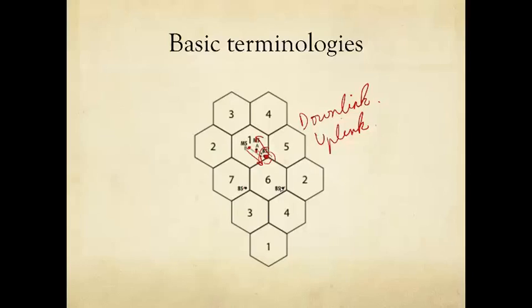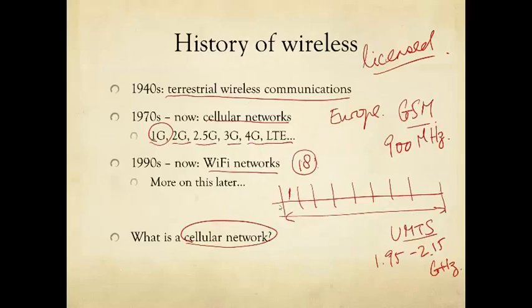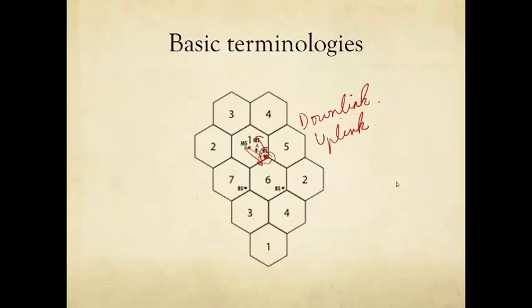Let's say one big chunk of this overall frequency band is labeled 1, another labeled 2, 3, 4, 5, and so on. If I use the frequency band labeled 1 at this physical location, what happens is that signals would attenuate over distance.